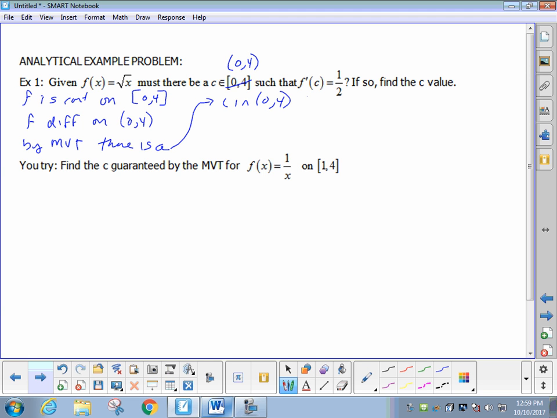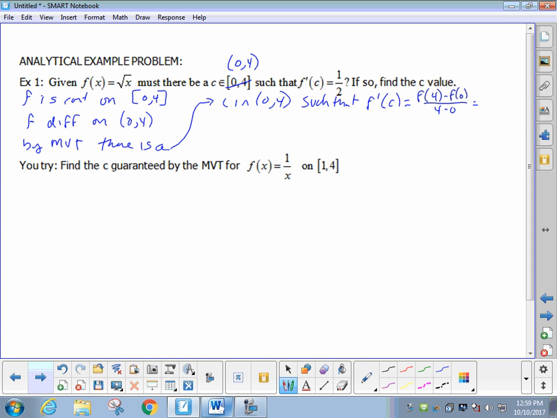Such that, or where, whichever you prefer, and here's where we start writing the theorem. F prime at C equals F at 4 minus F at 0 over 4 minus 0. Now that's the MVT, but so far I don't have anything about the half in there. Well, that's going to come from the average rate of change.